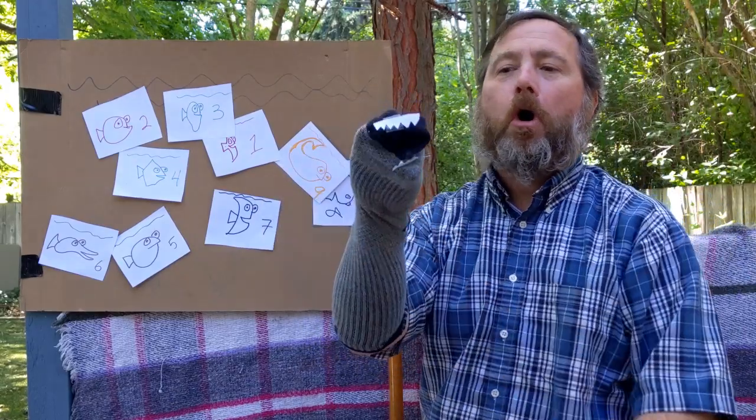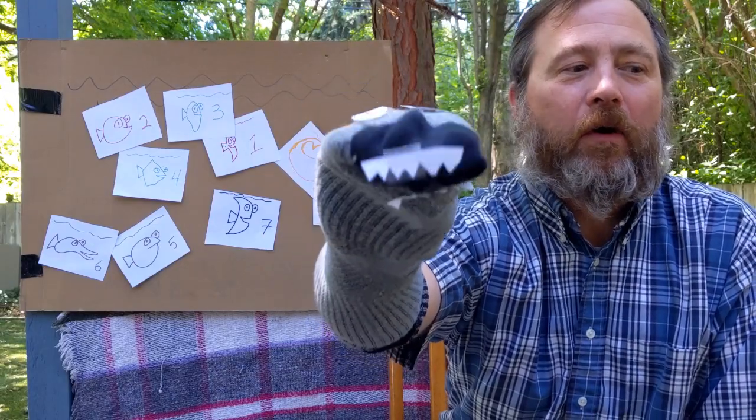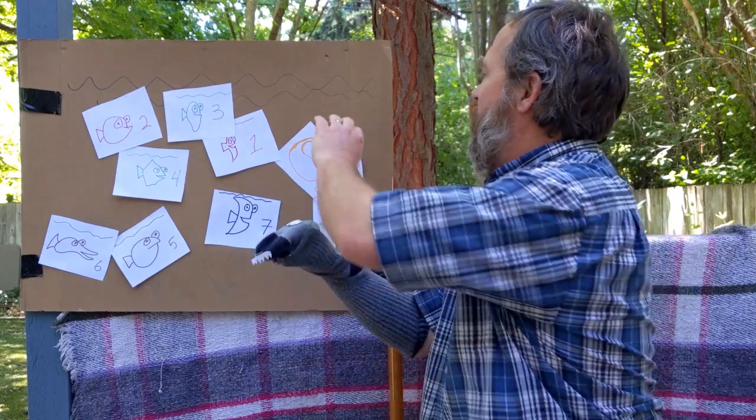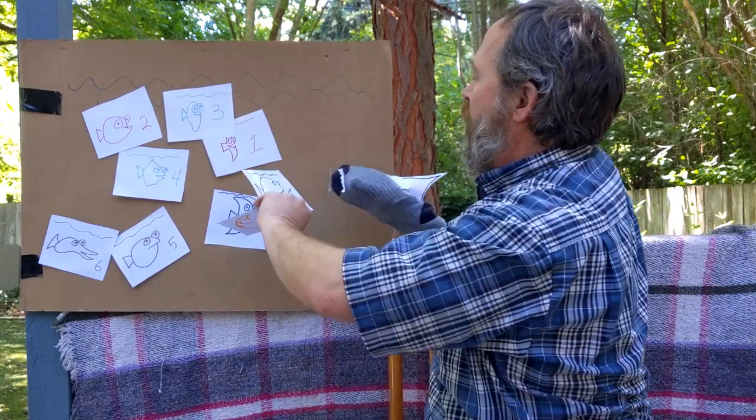And he says, oh, excuse me. My manners are terrible. So how many fish do you think we have left? I know they're all sort of all over the place, but let's count them. Let's count our fish.